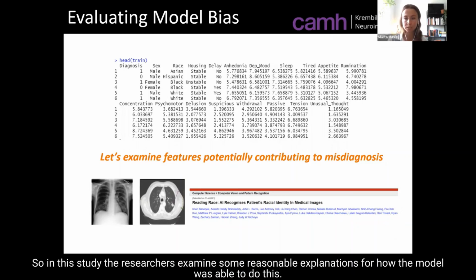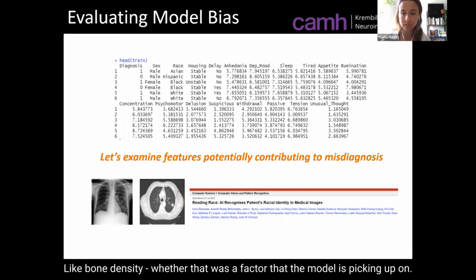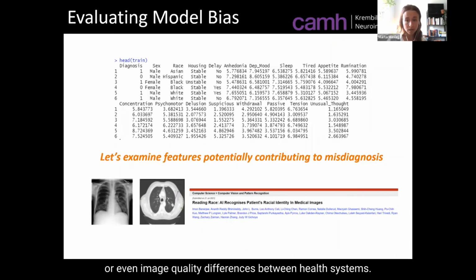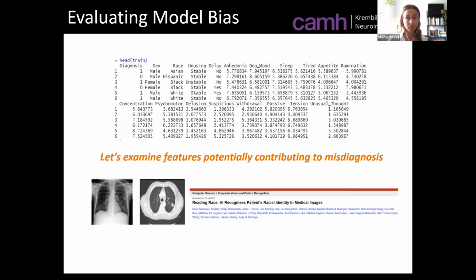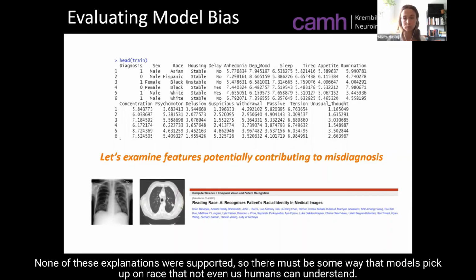So in this study, the researchers examined some reasonable explanations for how the model was able to do this. For example, they examined minor anatomical differences between racial groups, like bone density, whether that was a factor that the model was picking up on. They also examined whether it was due to the cumulative effects of racialization or stress, or even image quality differences between health systems, which could contribute to the model being able to pick up on race, and none of these explanations were supported.